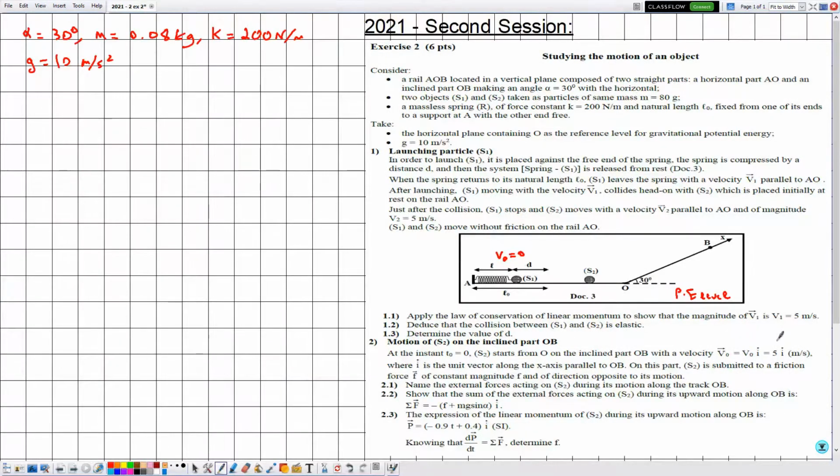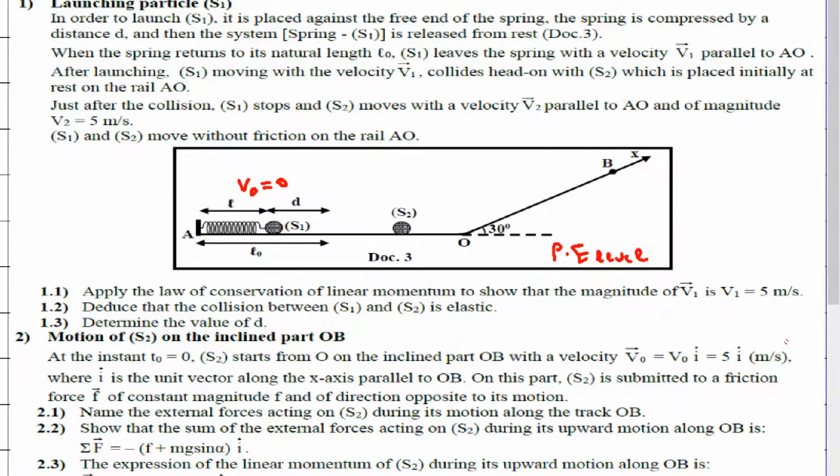So here we can split the problem into two parts: one before the collision and one after the collision. Before the collision, S1 gains speed from the compression of the spring. So this is a problem related to mechanical energy, because S1 gains kinetic energy from the elastic potential energy stored in the spring. This is the first part of the problem, a conservation of mechanical energy.